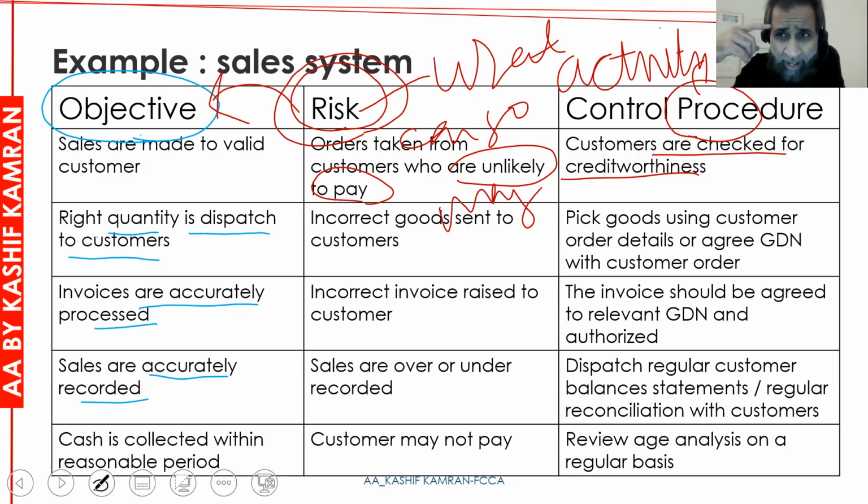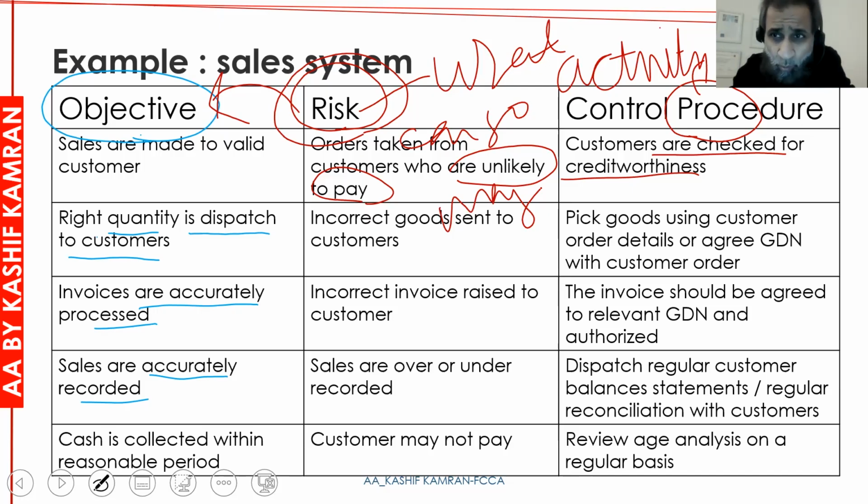What procedure should I have in place to overcome what can go wrong? If I can accept a bad customer, how can I overcome the risk of accepting a bad customer? I should put in place a proper creditworthiness check and balance. So this is how the management defines a system, right? They think about an objective, then they think about the risk, the entity risk assessment. What is the risk with sales are made to valid customer? And how would I mitigate the risk? The mitigation is coming from a procedure.